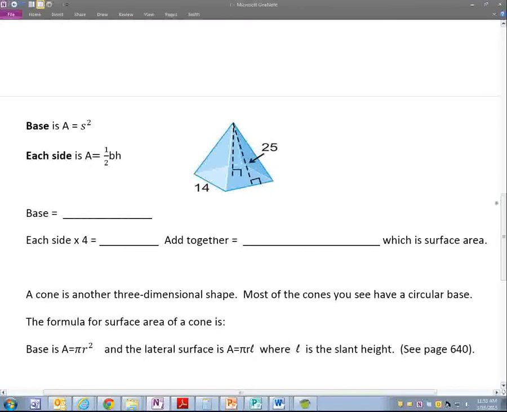On the test Friday, you will have formulas given to you, but you need to know which one goes with what, so you know for certain that you're using the correct one.